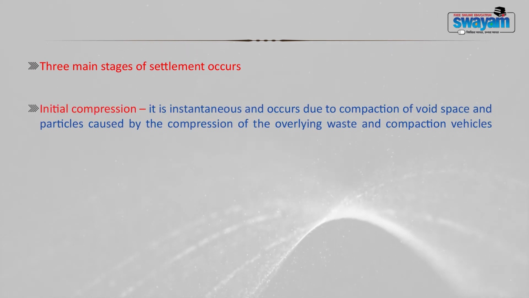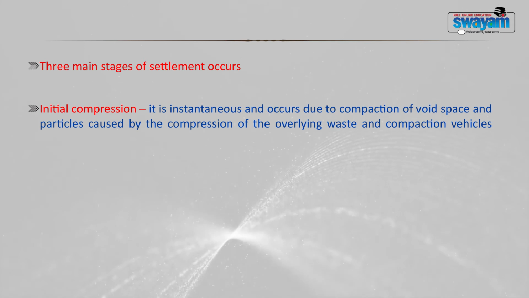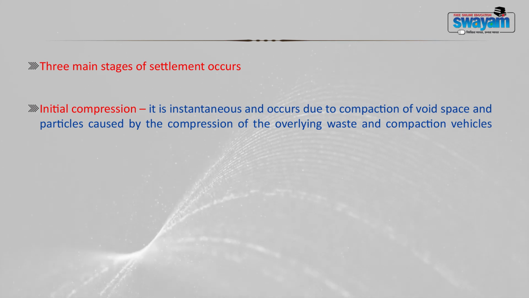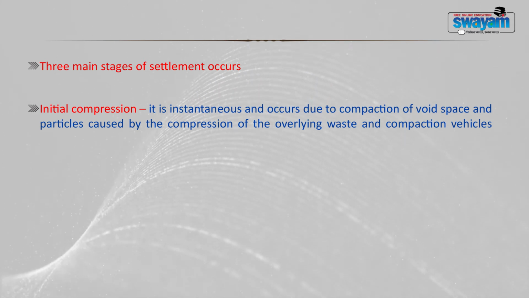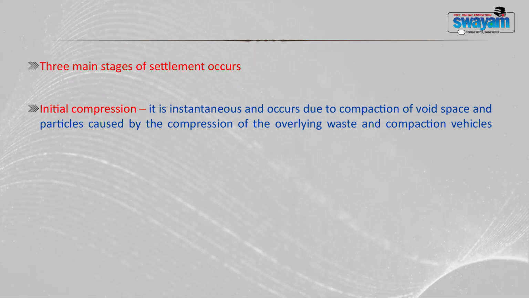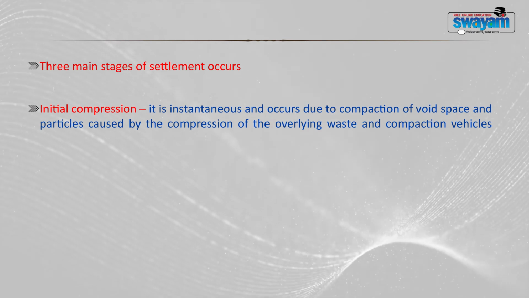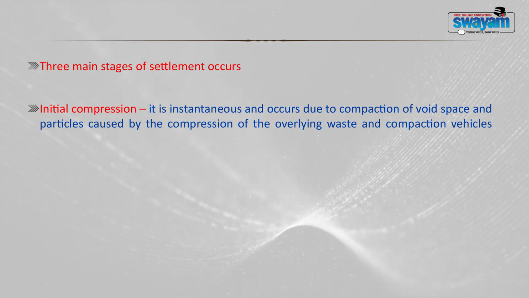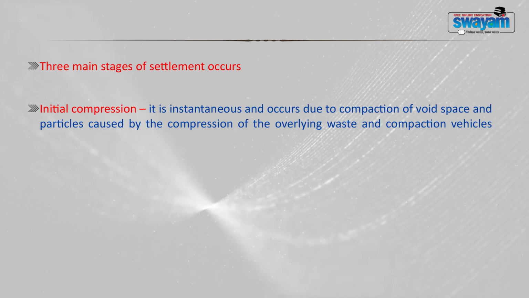One is the initial compression, where the waste is instantaneously compacted by compression. Now, this removes all the void spaces between the particles. This mainly occurs, as I told you, by overlaying waste. The bottom layers will be pressed by the waste on the top layers.